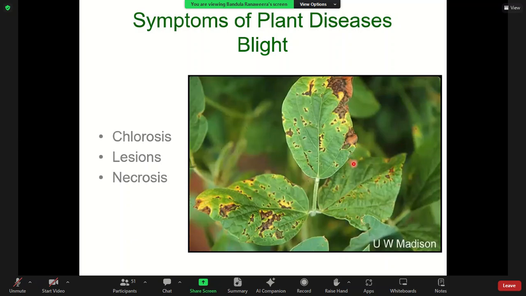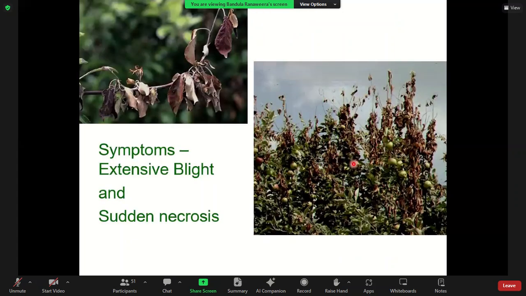Another plant with chlorosis and necrotic lesions. Serious level of blight. Blight means the appearance of some burning appearance of leaves or other plant parts. You had seen the late blight of potato. Then here also the sudden development of dead cells and tissues, sudden necrosis.